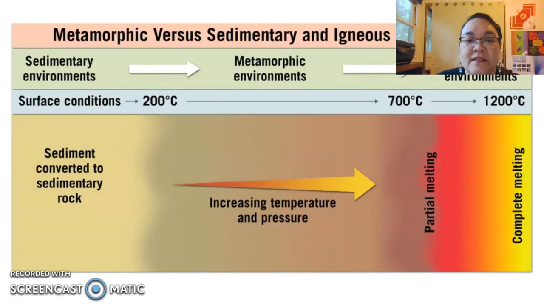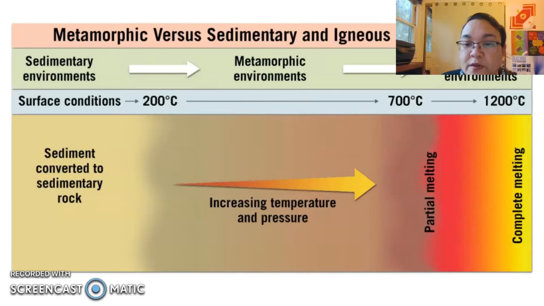This diagram shows the types of heat and pressure that form all three rock types. As you can see in the diagram, sedimentary environments are generally cooler and at the surface, converted to sedimentary rock by fairly low pressures and low temperatures.